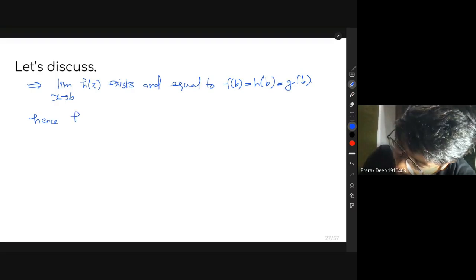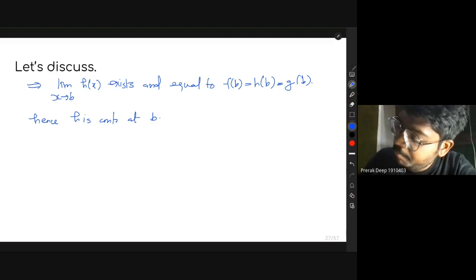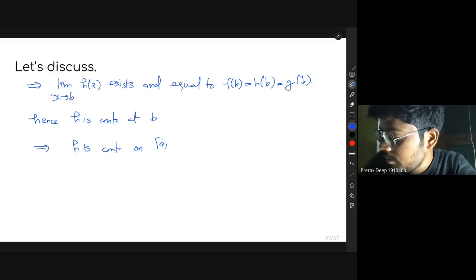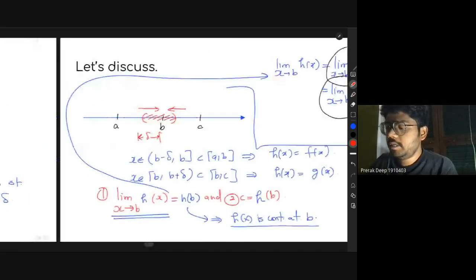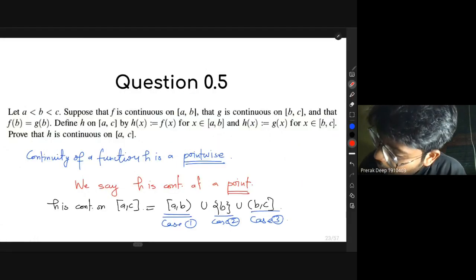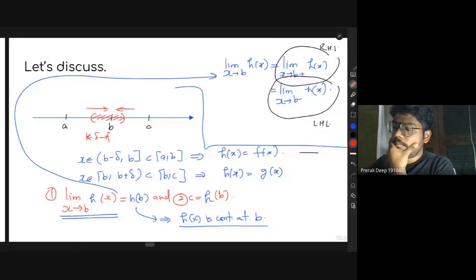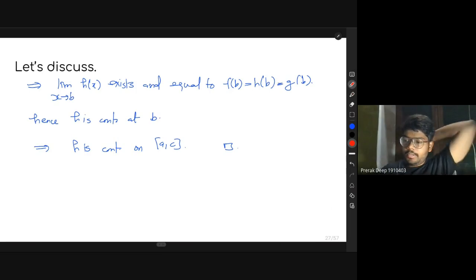Hence, h is continuous at b, implying h is continuous on (a, c). This completes the proof of the result. Hence, this is true. Okay, is this clear to all of you?